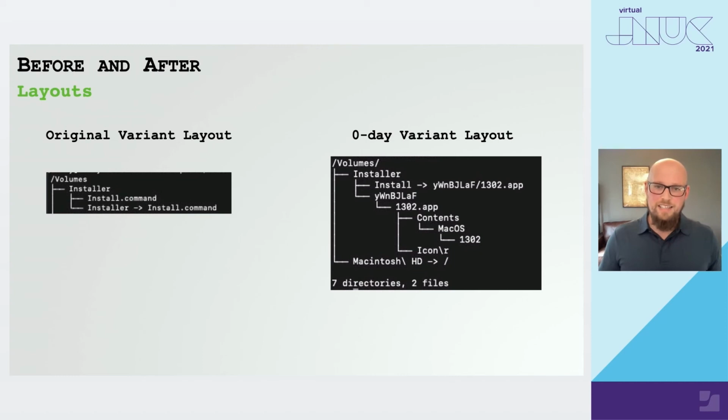And then on the right side, we see a very similar directory structure that uses a soft link, but instead the install is a soft link to the 1302.app. That 1302.app then has Contents, MacOS, and then 1302, which is a script. You'll notice inside this app, there is no Info.plist. So everything is matching the criteria here.